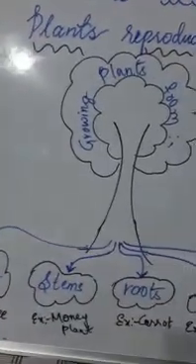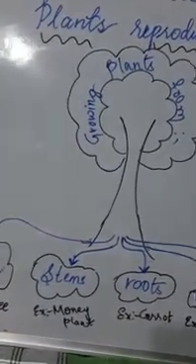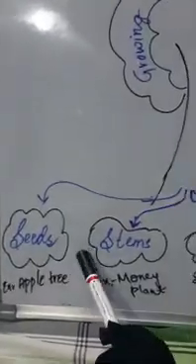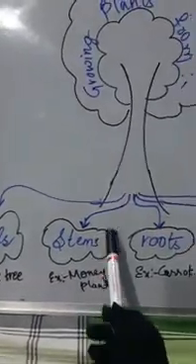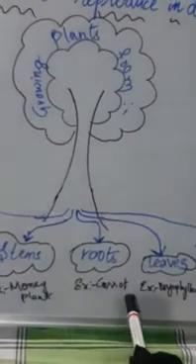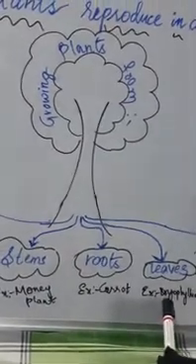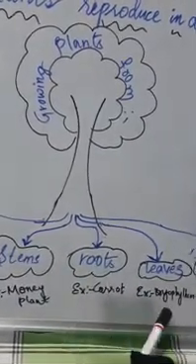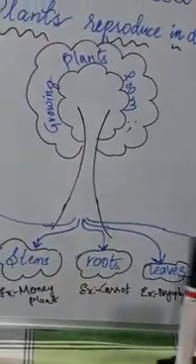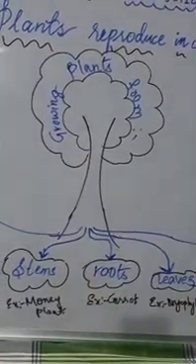Here I have drawn plants growing from seeds, stems, roots, leaves, spores, with examples I have written here. If you want to draw it, you can write it in the rough notebook. You can pause my video and write it down.